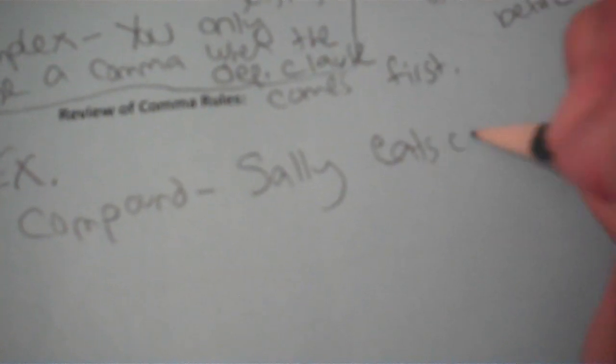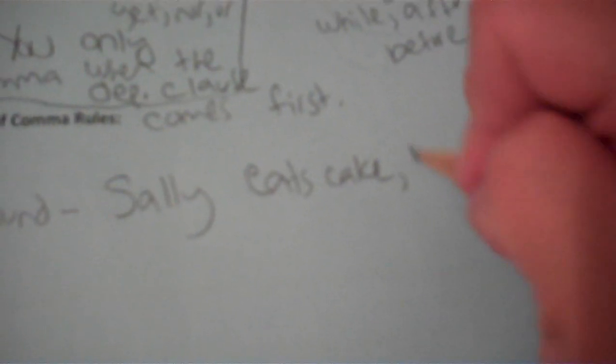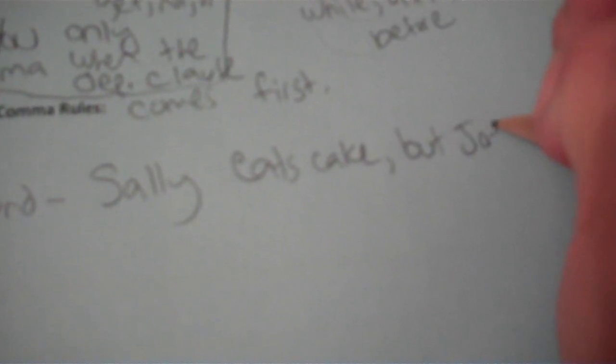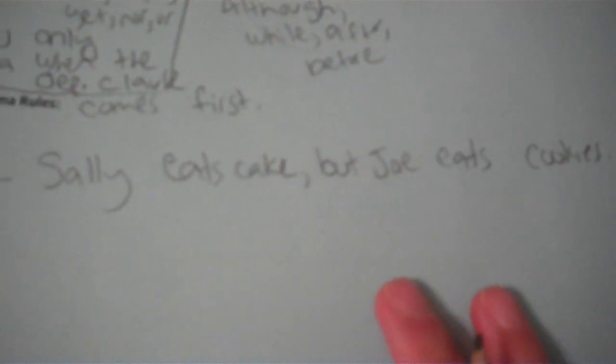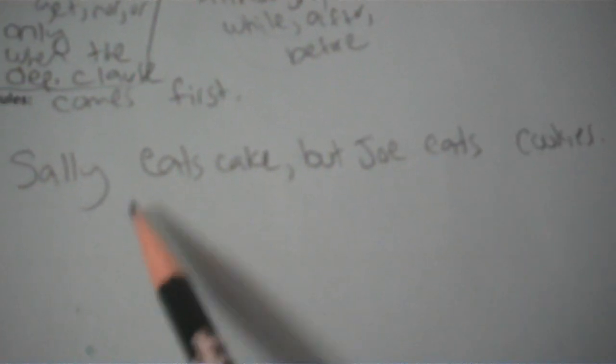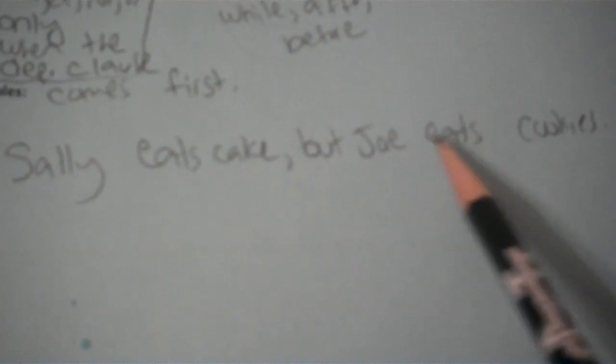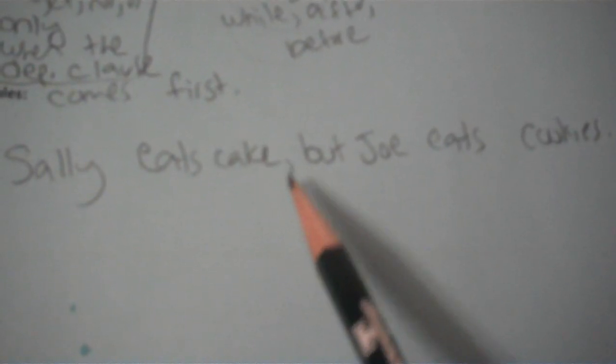Sally eats cake, but Joe eats cookies. So notice you have two independent clauses, Sally eats cake, Joe eats cookies. And to join those independent clauses, you need a comma and then one of these conjunctions that we talked about earlier.